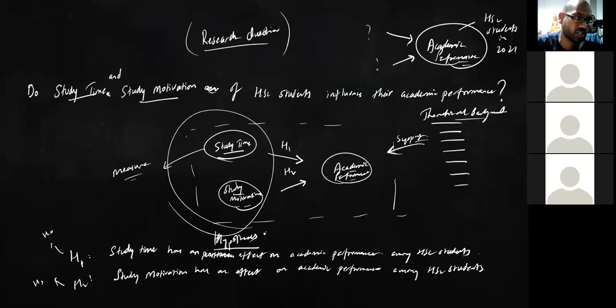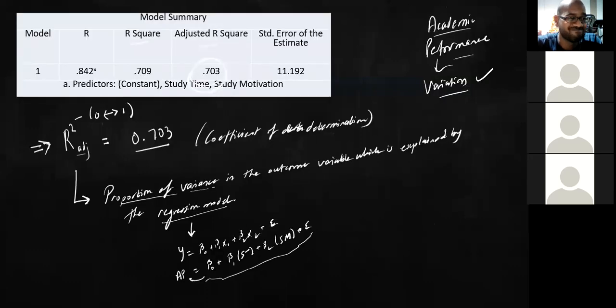Of course, you have an explained variance as well here. So this R-square value is very important and something you want to report first because it's telling you the proportion of variance. Obviously, the higher it is, the better your model is. It's explaining more variance. The higher the R-square value, the more variance is being explained.